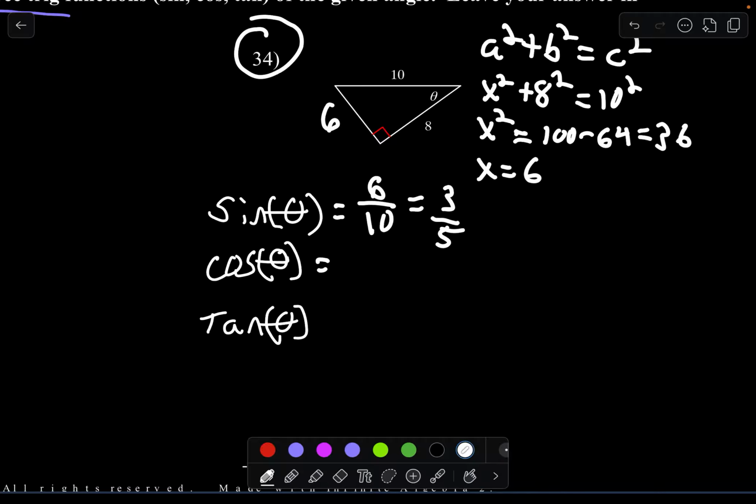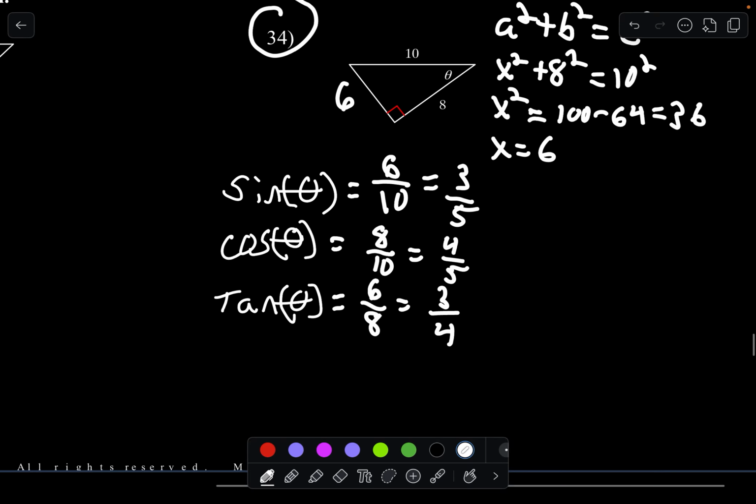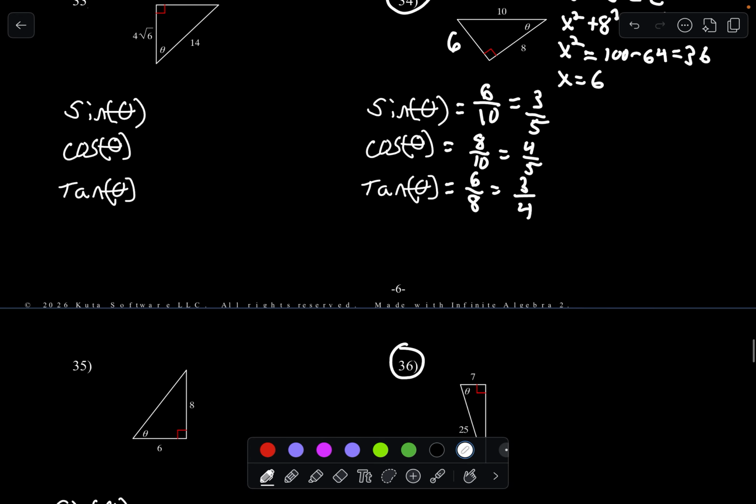Cosine of theta is going to be adjacent, 8 over 10, which reduces to 4/5. And tan theta is going to be the ratio of the sides, the opposite over adjacent, so that would be 6 over 8, which reduces to 3/4. And there you go. All right, that's how you do that.